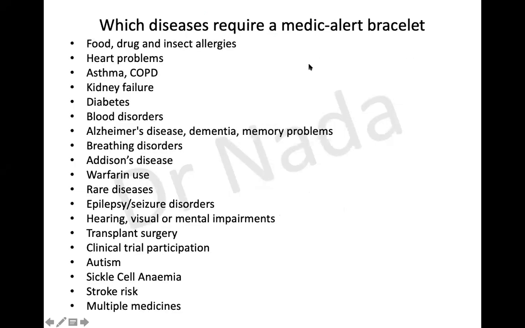So these diseases require a medical bracelet. These are examples: patients with drug or insect allergy, food allergies, heart problems, asthma, COPD, kidney failure, diabetes, blood disorders, Alzheimer's, dementia, memory problems, breathing disorders, Addison's disease because they are on steroids, warfarin use, some rare diseases, epilepsy, seizure disorder, hearing, visual, or mental impairments, transplant surgery, clinical trial participation, autism, sickle cell anemia, stroke risk, multiple medicines.